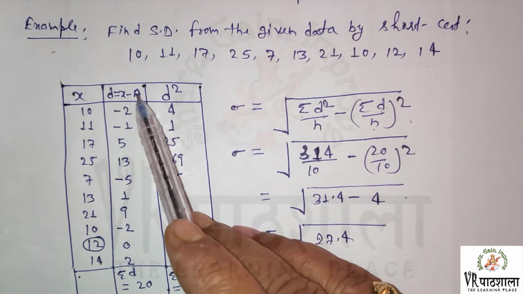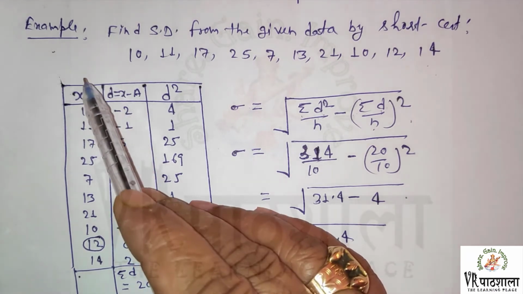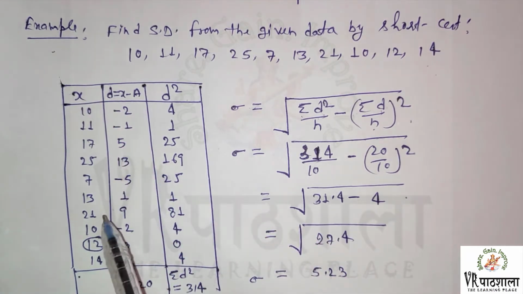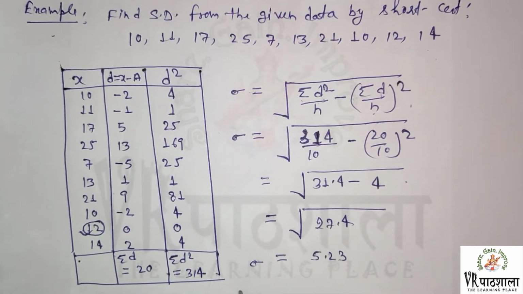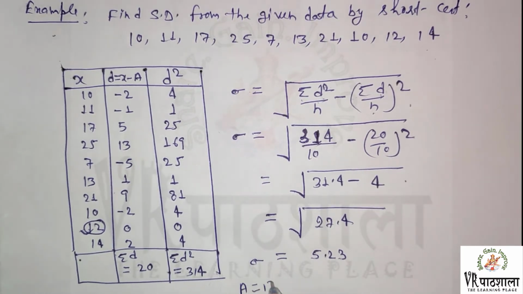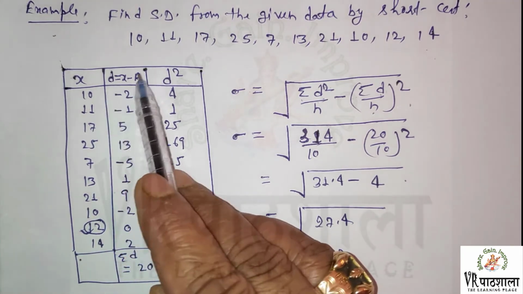For d, first we assume a mean. From x we assume 12 as the assumed mean, so a equals 12. Now we calculate d, that is x minus a.